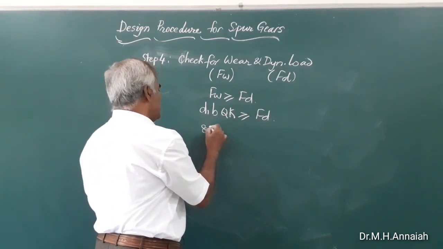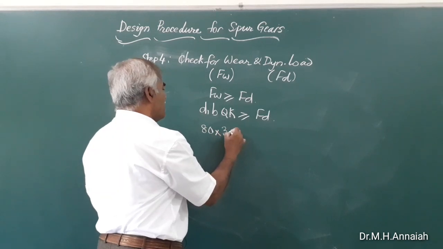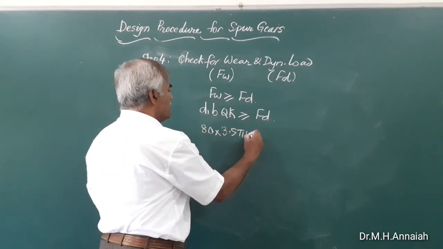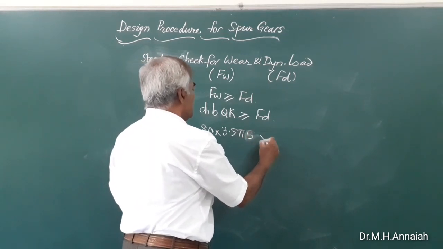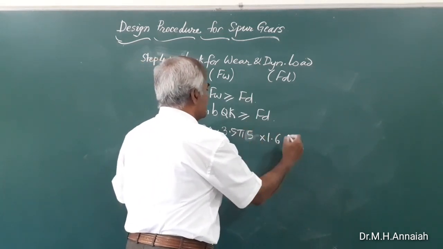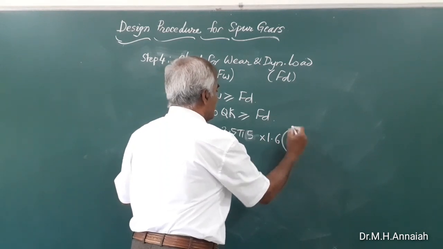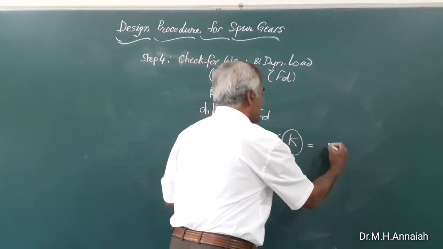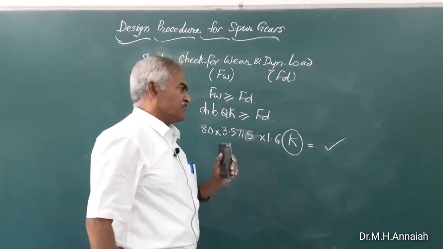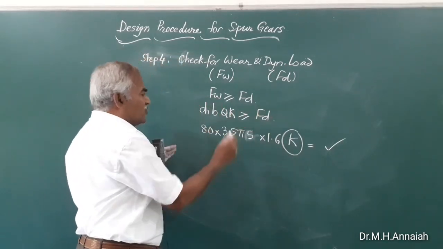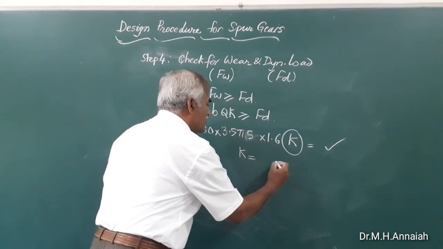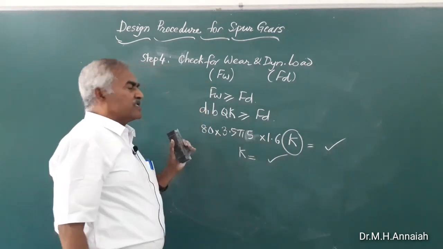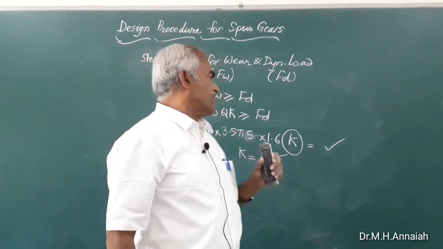So, d1 is 80 we have taken, b is 3.5 times pi m, pi into 5 because module you have calculated, q is 1.6, K is an unknown value to be found out, Fd we have calculated. So, by equating these two, you will be able to get K. K value is obtained. K is called load stress factor.